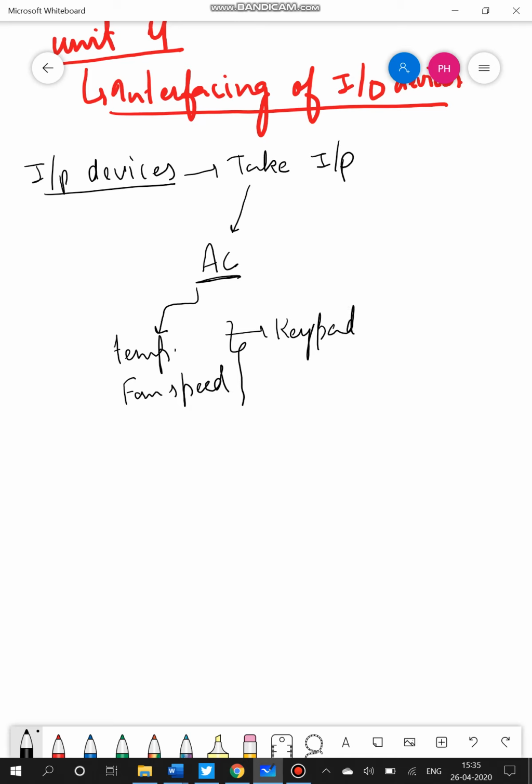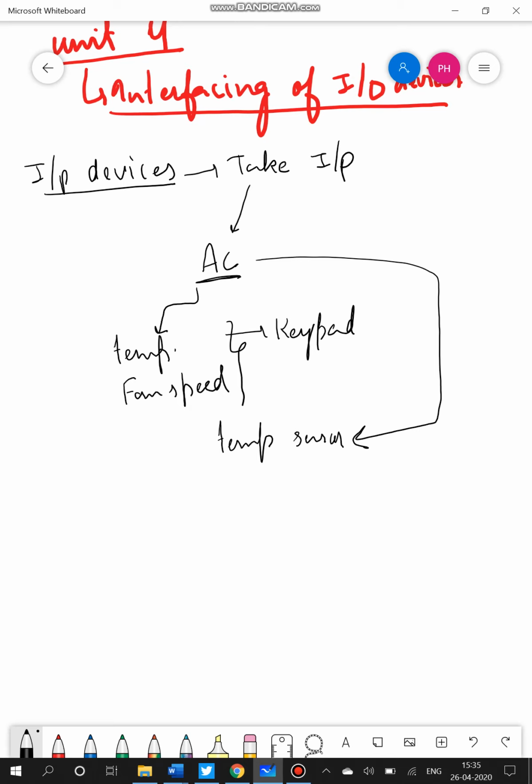They are simply button switches. These can be placed directly on the AC or they may be on a remote. Also, AC continuously takes input from a temperature sensor so that it may know the room temperature, the ambient temperature.